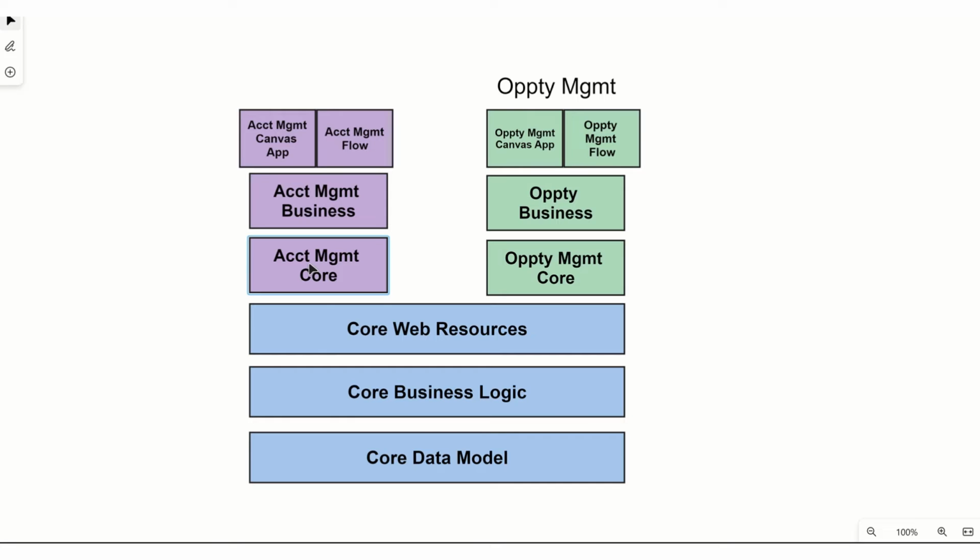What I'm proposing for this Contoso Healthcare team is to find out what exactly is your core data model, find your core business logic and your processes, and your core web resources. What we want to do is define clear domains, clear functional boundaries between what we're trying to achieve within the platform.